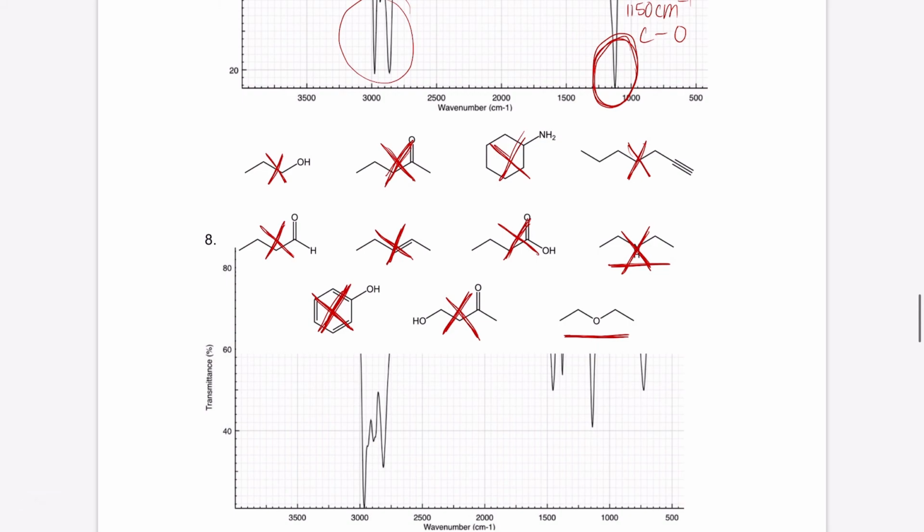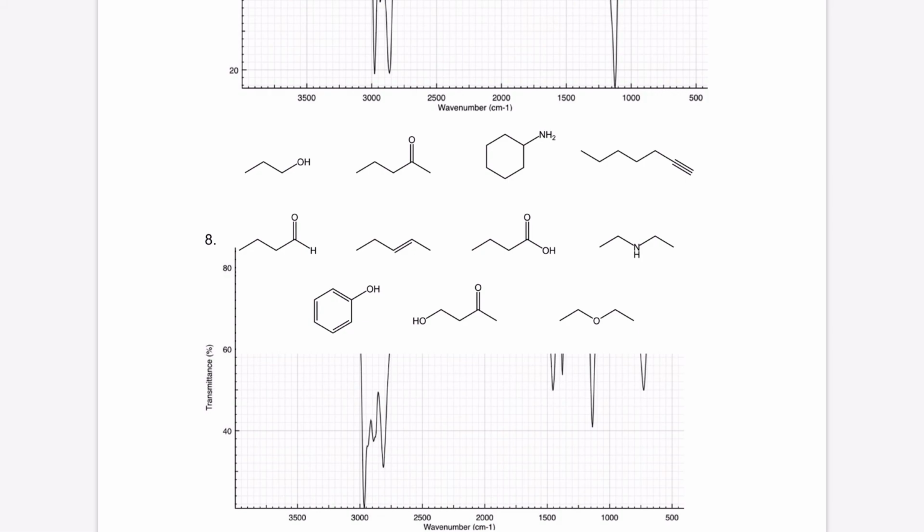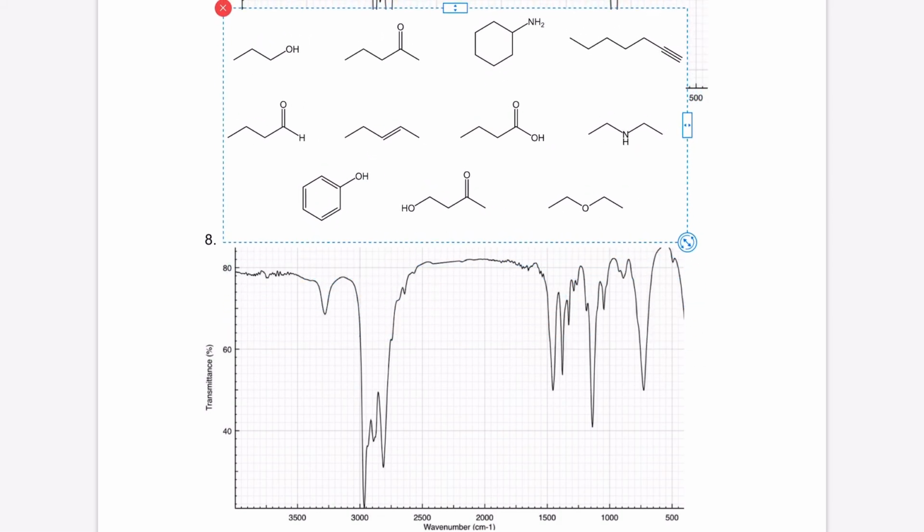So let's look at question 8. Question 8, we have some alkane stretching.